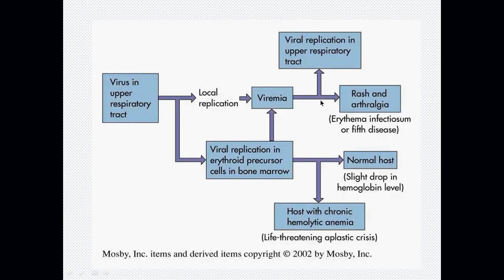This presents clinically as arthralgia and rash, which is a typical feature of erythema infectiosum, the fifth disease. Some patients may appear normal but still have a slight drop in hemoglobin level because the precursor RBCs are affected. A chronic condition will result in chronic hemolytic anemia.